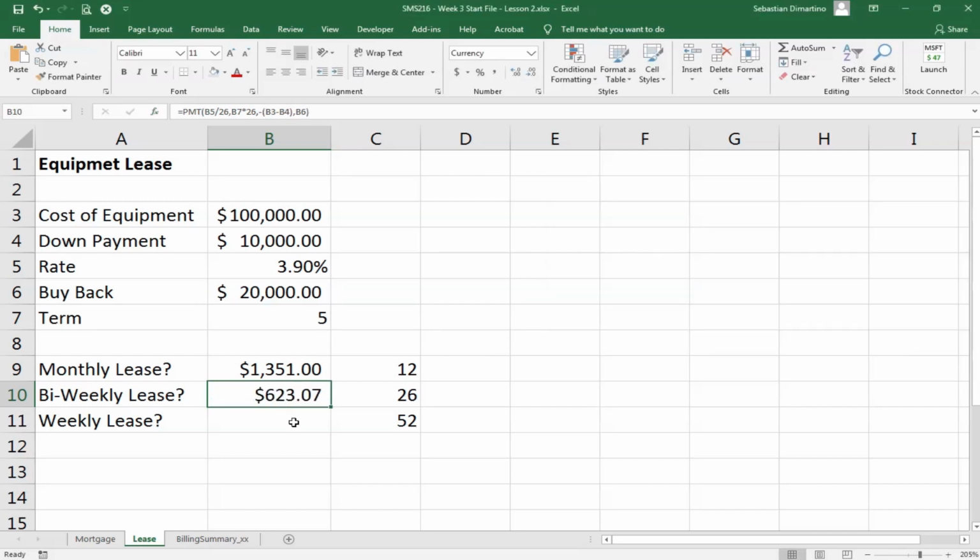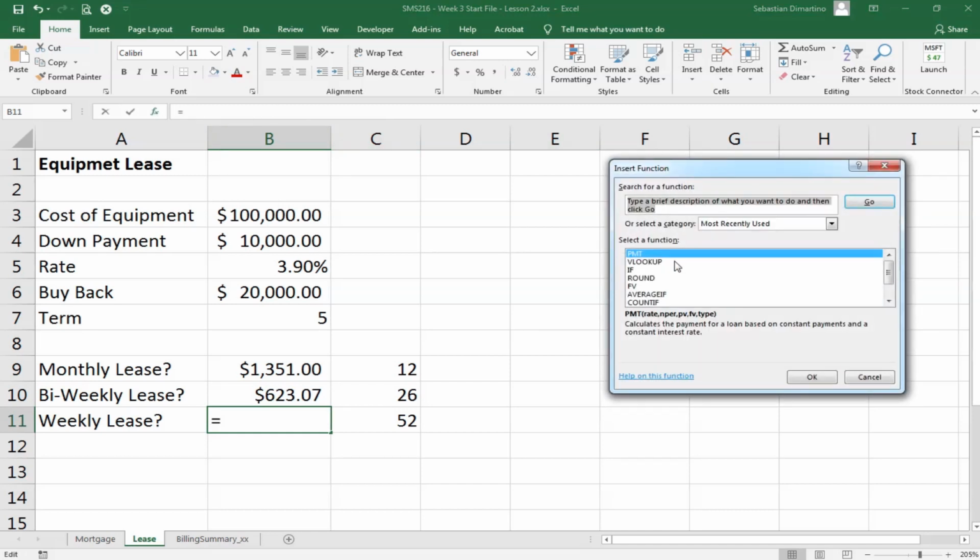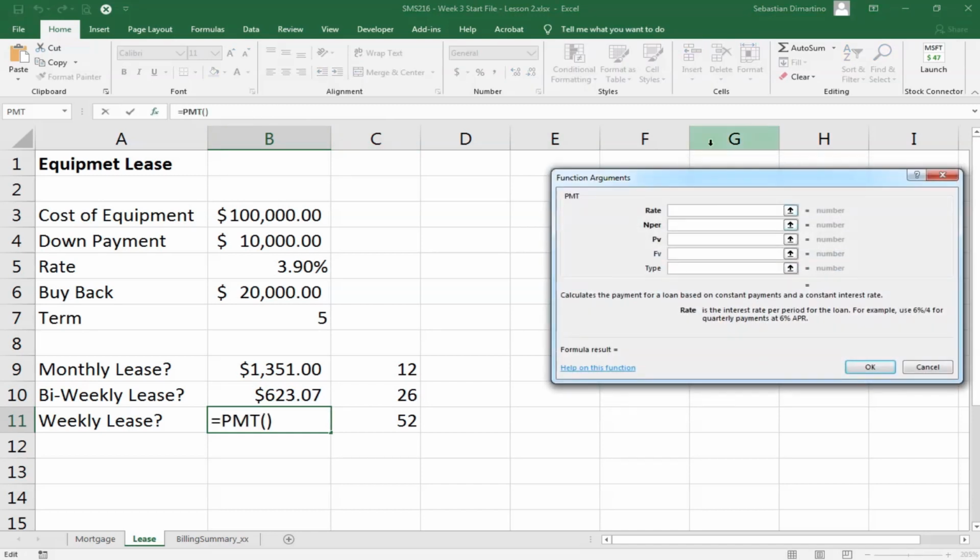And then last but not least, we're going to do the payment for the weekly payment here, your weekly lease payment. So rate divided by 52, number of periods multiplied by 52, negative, open brackets, 100,000 minus the 10,000.